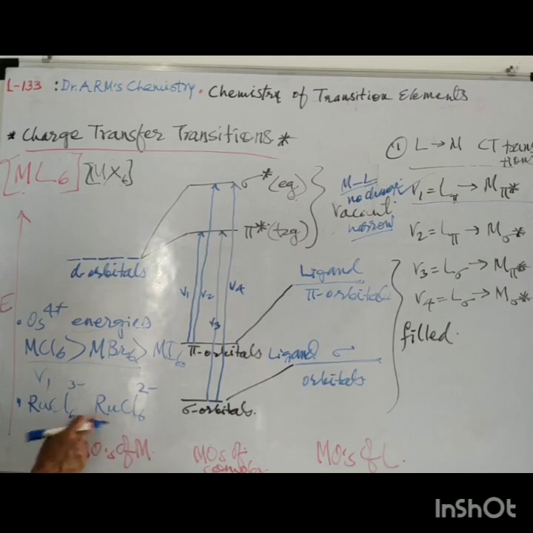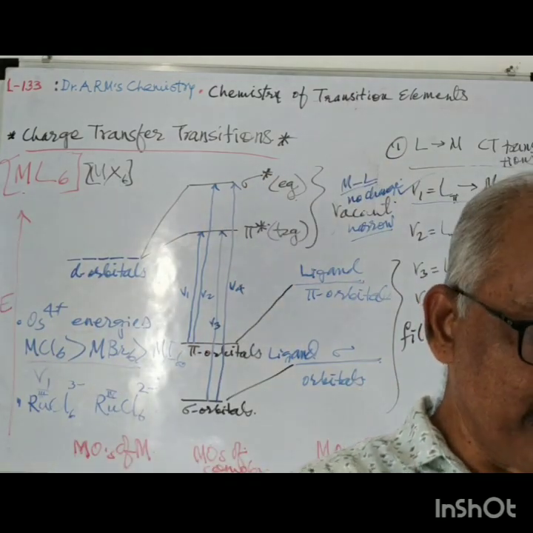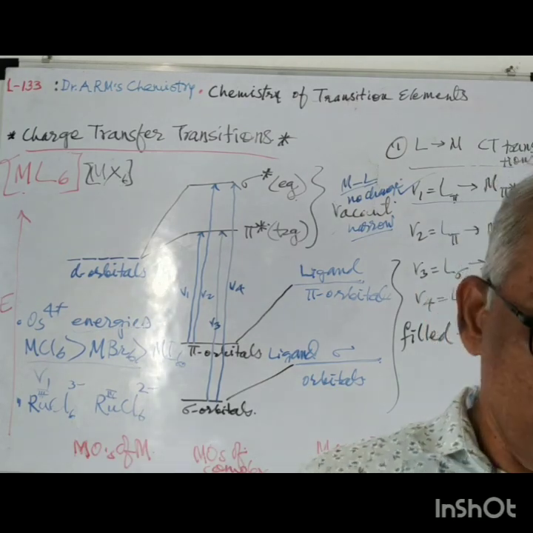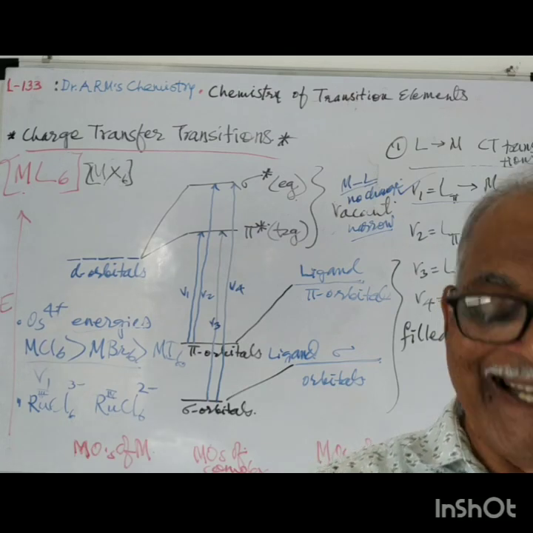So here the oxidation state is changing. Here the oxidation state of ruthenium is 3 plus and here it is 4 plus. So its orbitals should be deeply situated in the complex, and thus the transition should go to lower energy side.